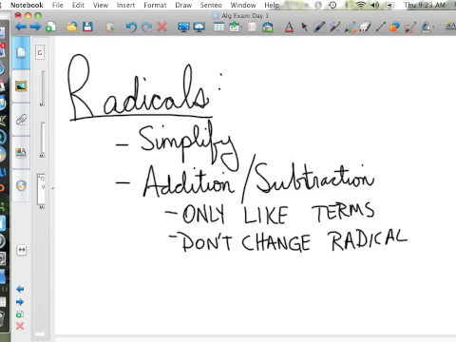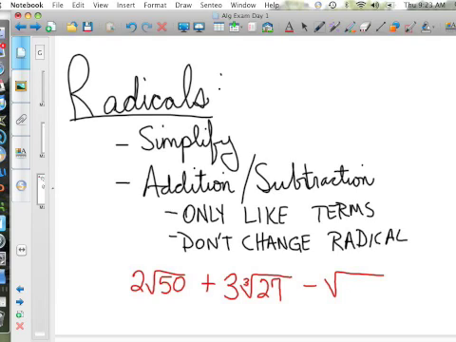So if we have an example such as 2 square roots of 50 plus 3 cubed roots of 27 minus the square root of 32.